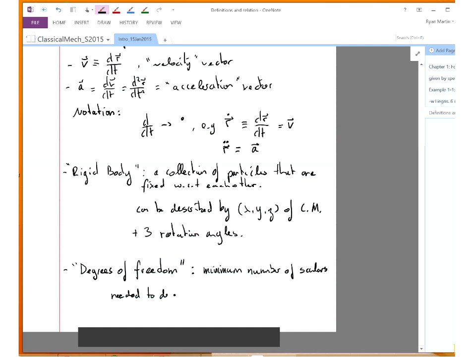Scalars needed to describe the state of a system. So we just did that example with the compound pendulum where there were 4 coordinates, 2 for each particle, but we saw that there's only really 2 degrees of freedom. You only need 2 scalars to describe that system fully. Okay?